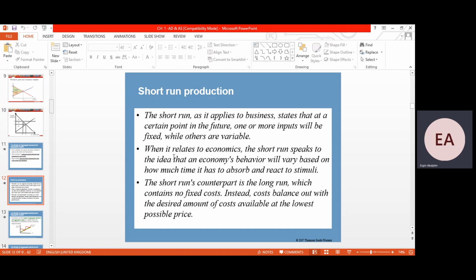The short-run production, as it applies to businesses, states that at a certain point in the future, one or more inputs will be fixed while others are variable, which means in the short run, at least one input is supposed to be fixed and the others are changing.